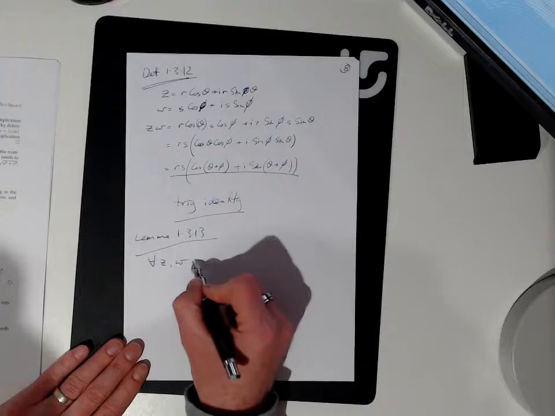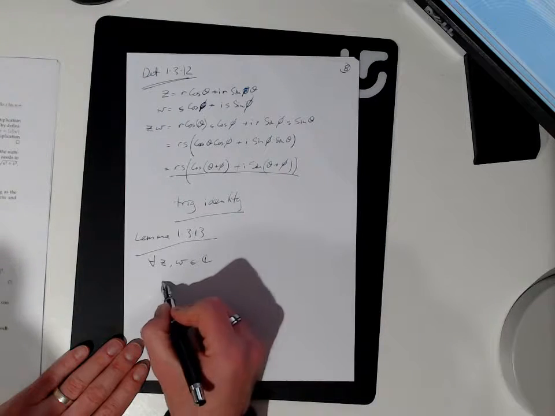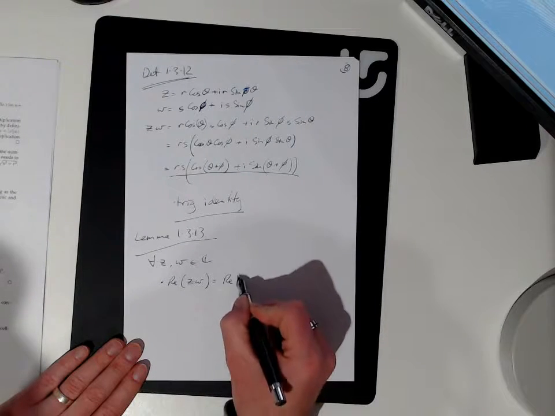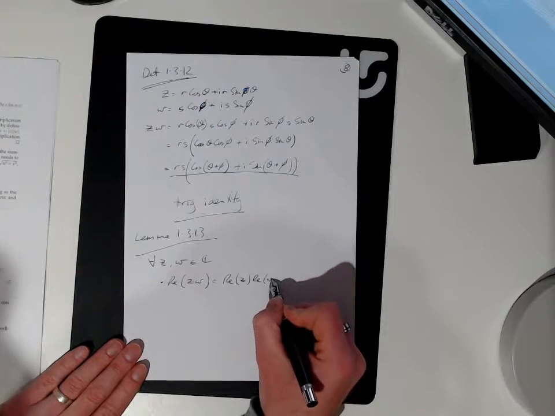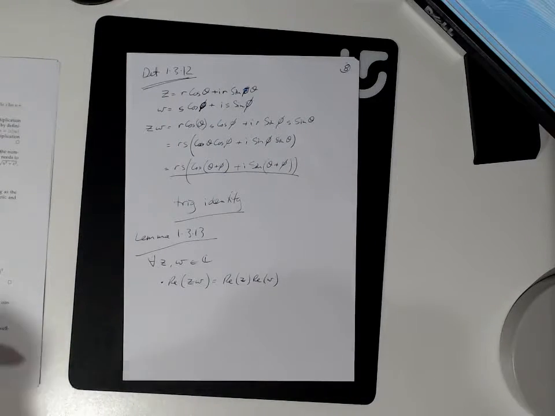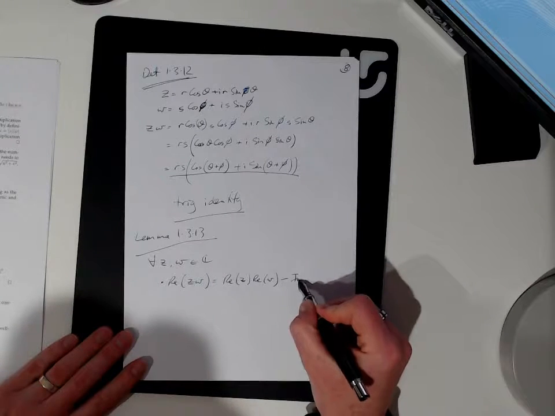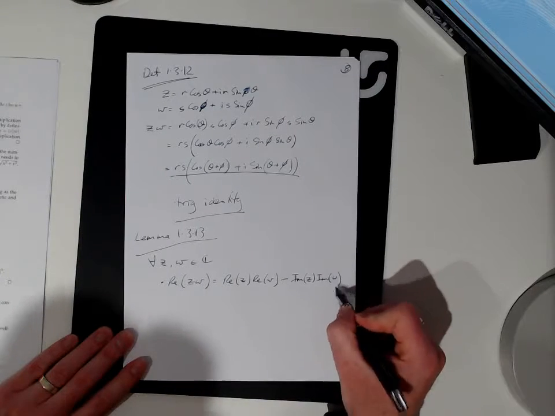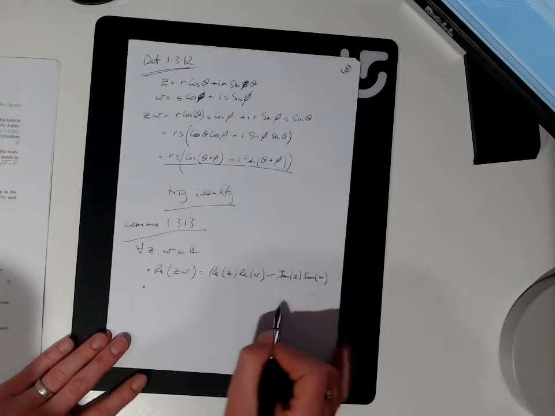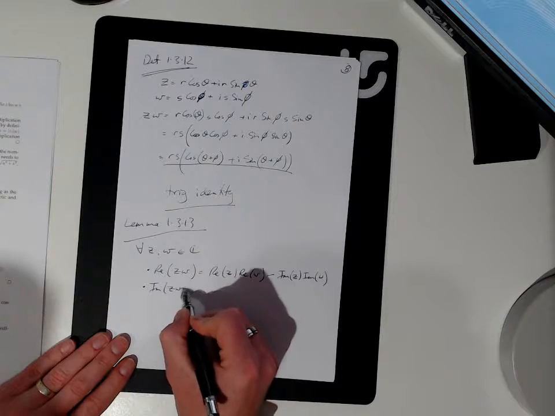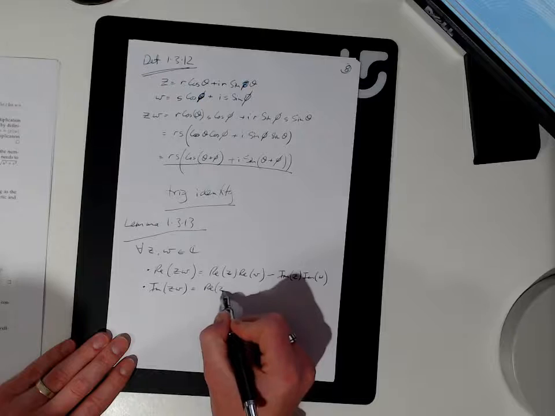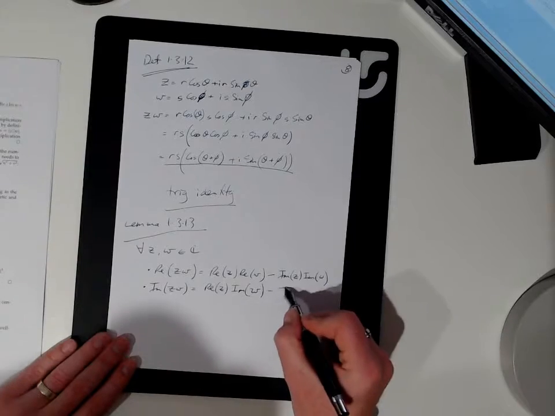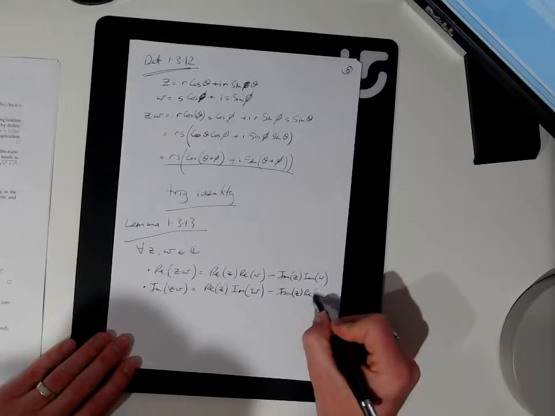For all z, w in C, it's basically the same as what you've seen before. The real part of the product is equal to the product of the real parts minus the imaginary part of z times the imaginary part of w. And the imaginary part of the product is equal to the real part of z times the imaginary part of w plus the imaginary part of z times the real part of w.